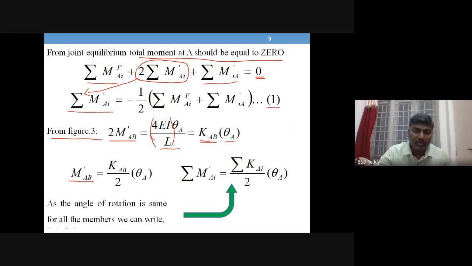KAB divided by 2 into theta A. This is for member AB only, from figure 3. Similarly, you have AC, AD, AE. If I combine all those, I can write KAC by 2 theta A. Theta A is common.